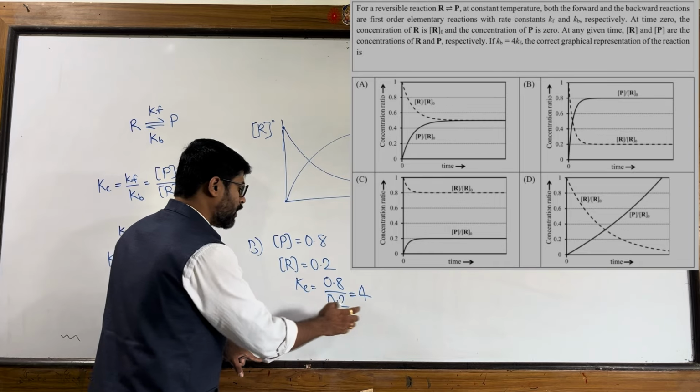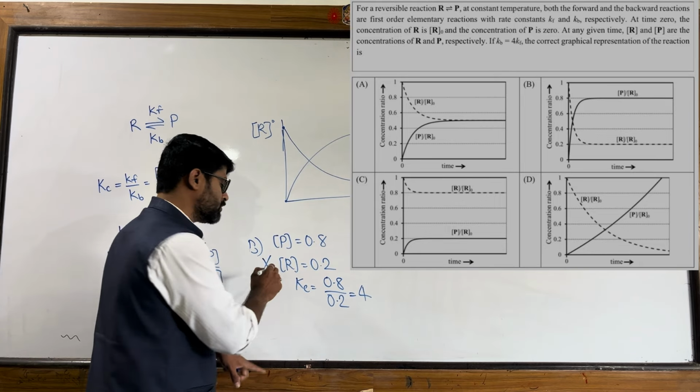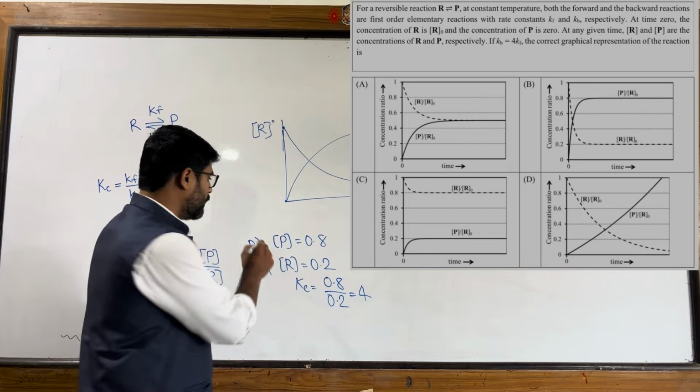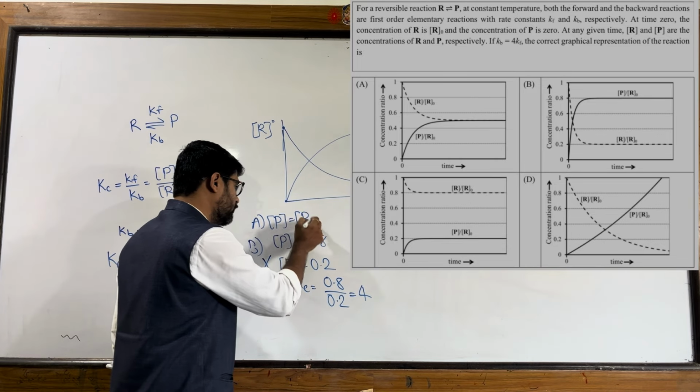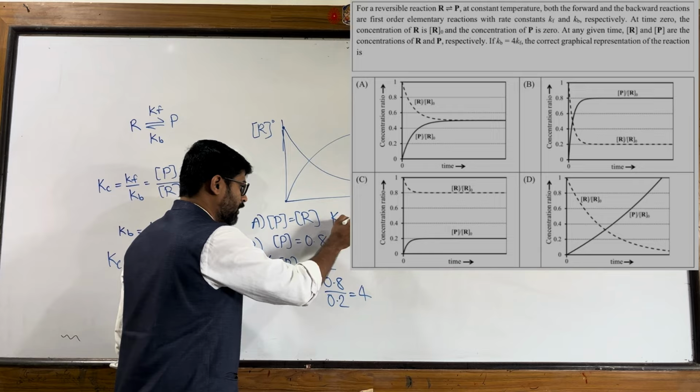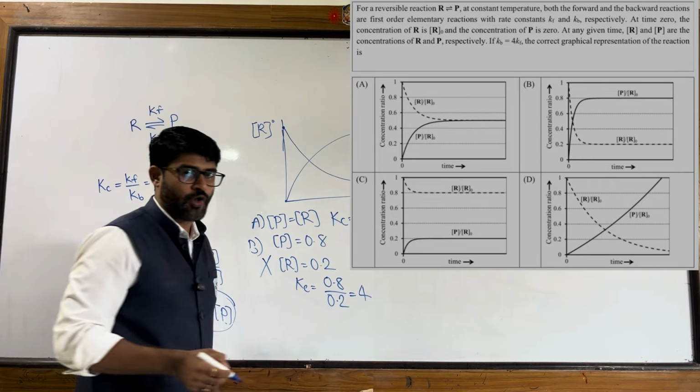It is coming out to be 4, and hence option B is also wrong. In option A we have concentration of product equal to concentration of reactant, so Kc will be 1. So this option is also wrong.